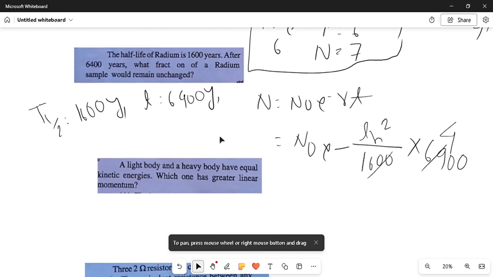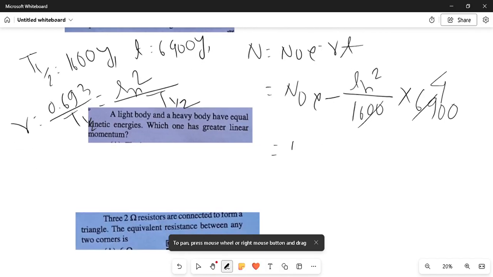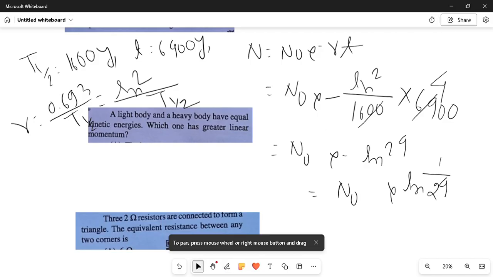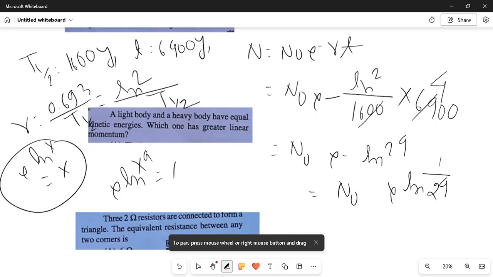Everyone knows that gamma is 0.693 by T half, and 0.693 is ln2. So N is N0 e to the power of ln (1/2) to the power 4, and we know that e to the power ln x to the power a means x to the power a.